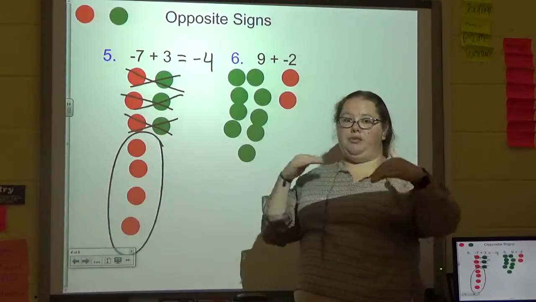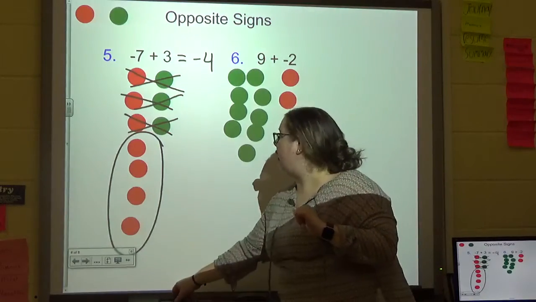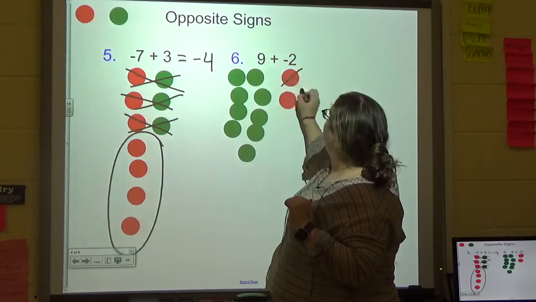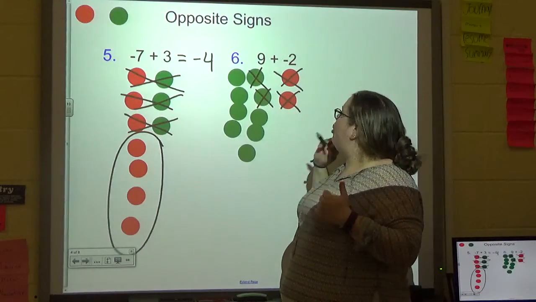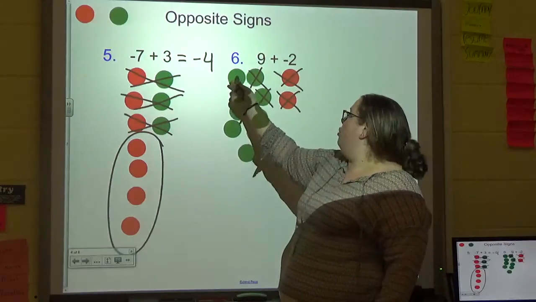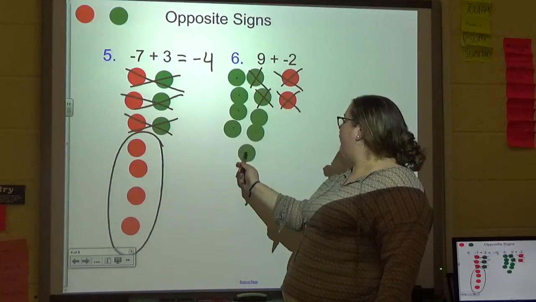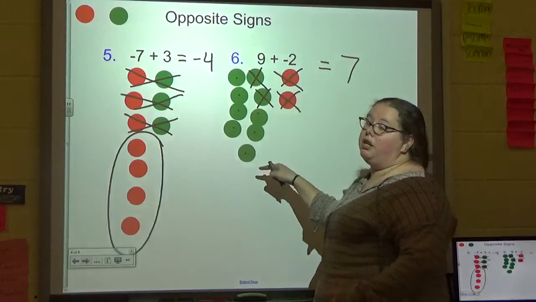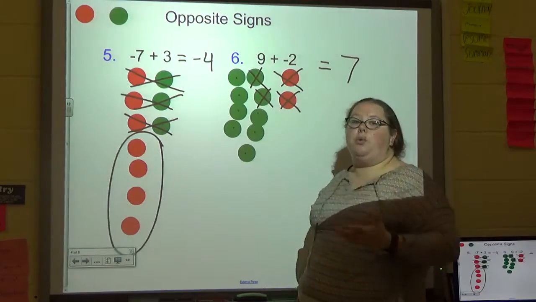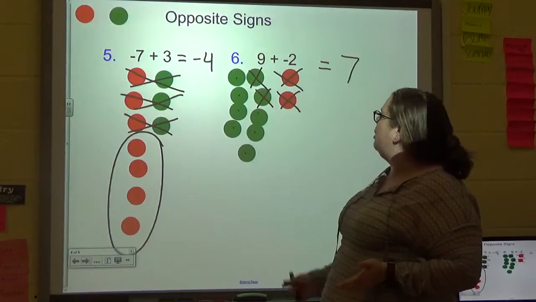Each 1 red and 1 green cancel each other out. So if I cancel out this red and this green, and then this red and this green, how many greens do I have left? 1, 2, 3, 4, 5, 6, 7. But they're green, so it's positive.